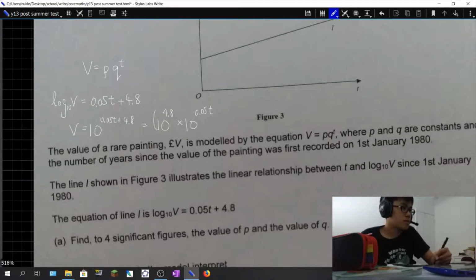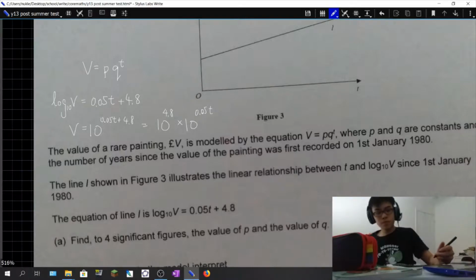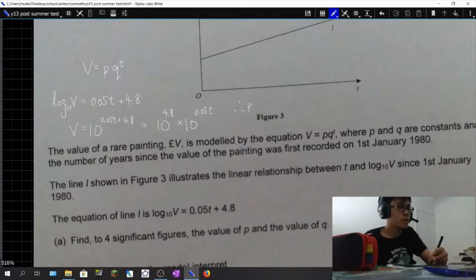So that looks like a p, and that looks like a q. So now we can figure out what it is. p is going to be 10 to the 4.8, and q is going to be 10 to the 0.05.